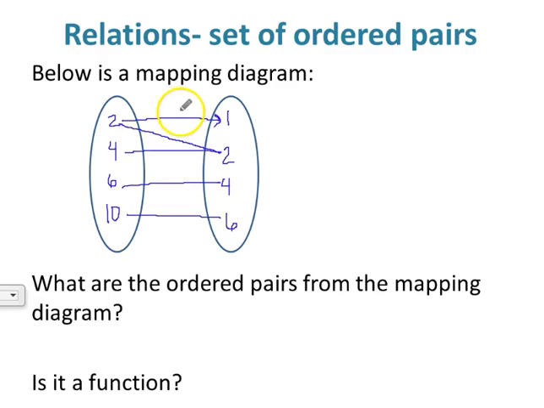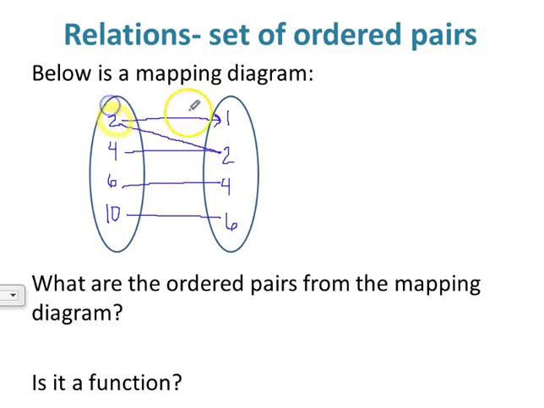So here's a new mapping diagram where we've got a new relation between our numbers. And we need to decide if it's a function. So let's decide first if it is a function. So remember, each of our inputs can only have one output. So let's look at 2 here.